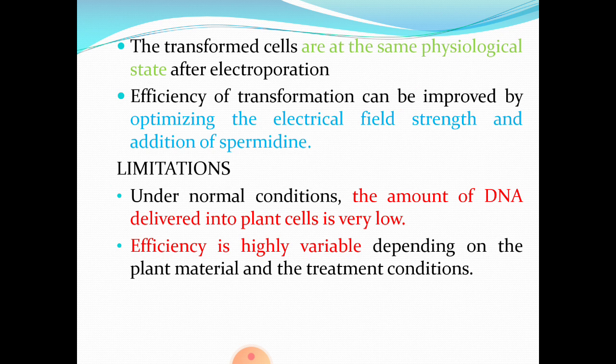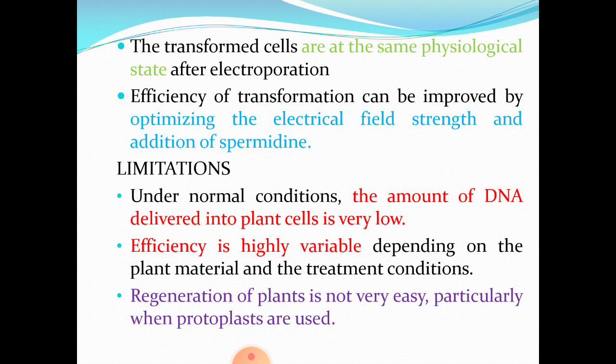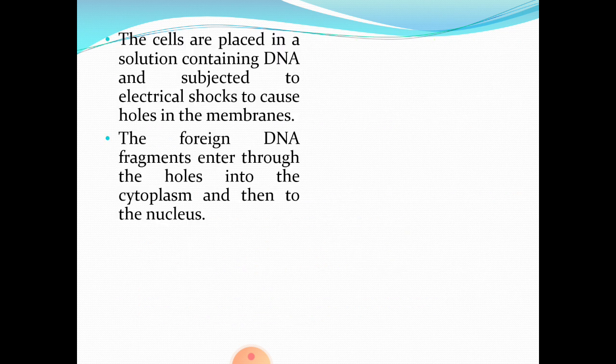If the protocols are not properly standardized, then the efficiency will come down. Then regeneration of plants is not very easy, especially when your target structure is the protoplast. Alright. Then, what exactly is done in electroporation?